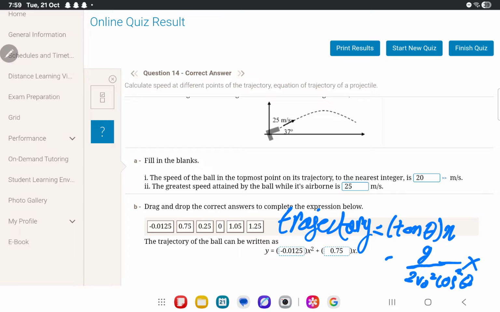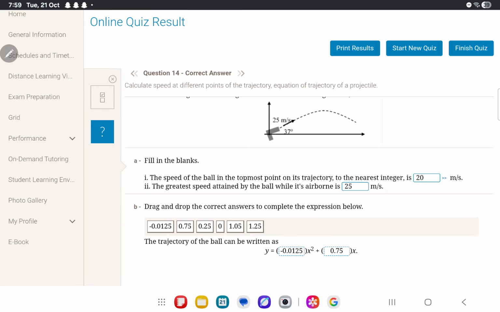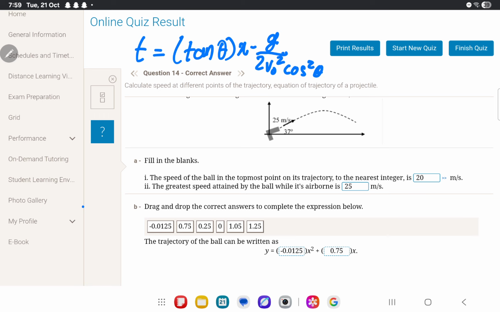Let me write it in a clear format. So trajectory, let's say it's y, is tan theta x minus g over 2 v0 squared cosine squared theta, x squared. This is a very, very important equation and it's very annoying to memorize, but you have to.